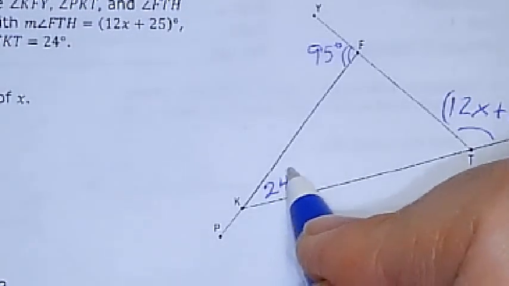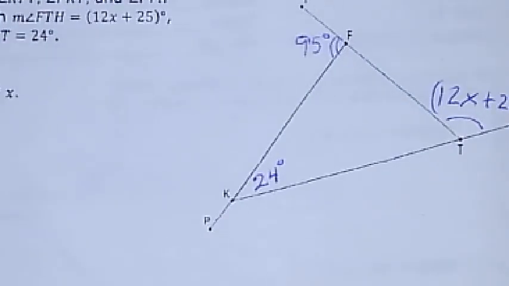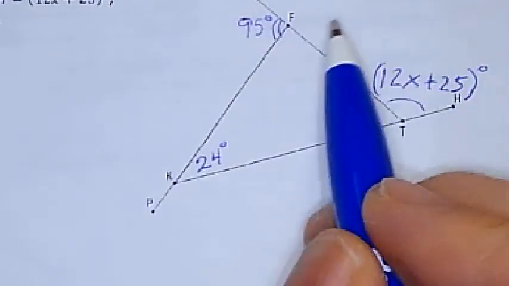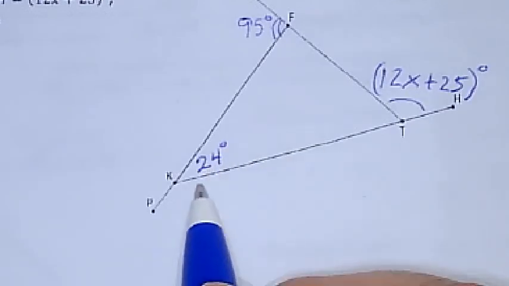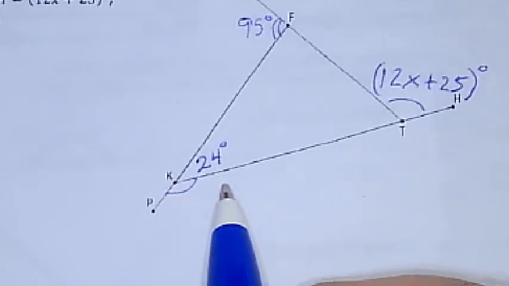Now, they want you to find X, and there's so many ways of doing this. I would never say there's only one way. But since they gave me this exterior angle and that exterior angle, and they gave me this interior angle, I'm going to go with this exterior angle. And what I'm seeing is that I've got a linear pair.